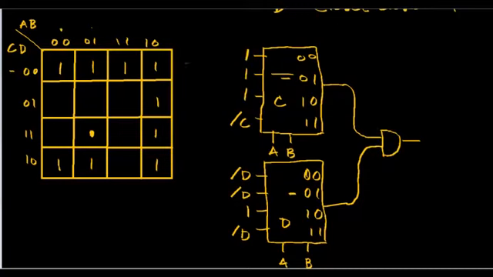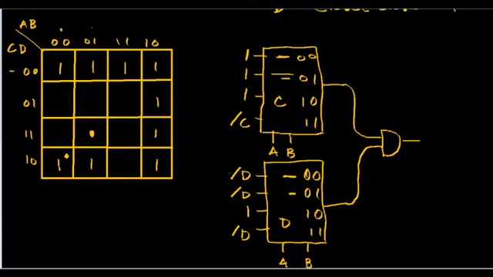Okay, let's look at one of the true statements and see if it pans out. We'll look at this one here. So 0, 0. So we're looking at these two selections. When A and B are 0, C is 1.